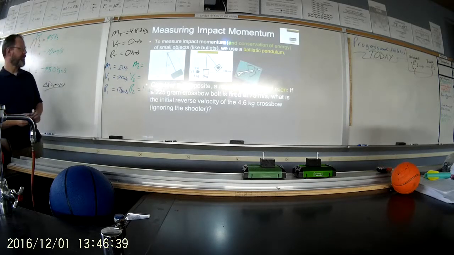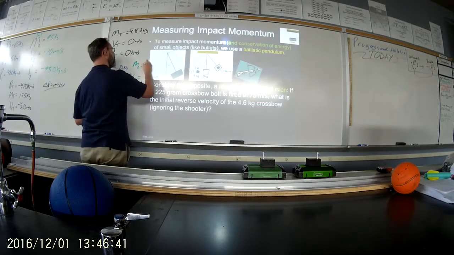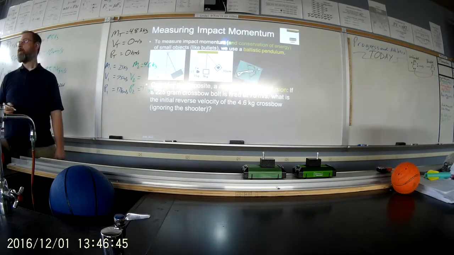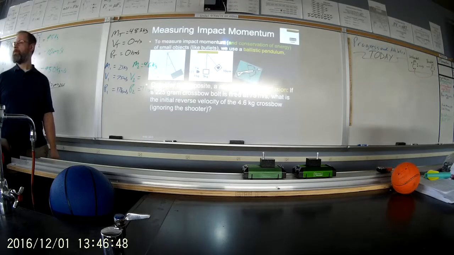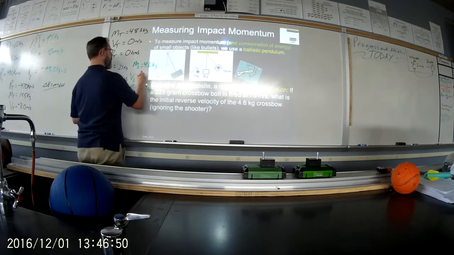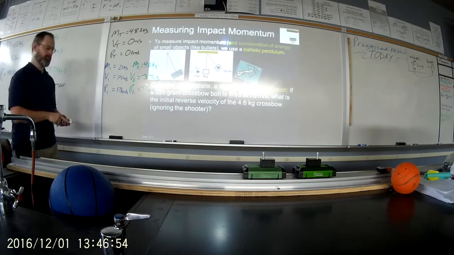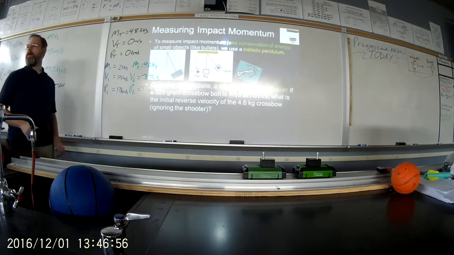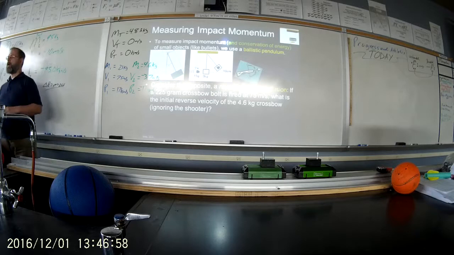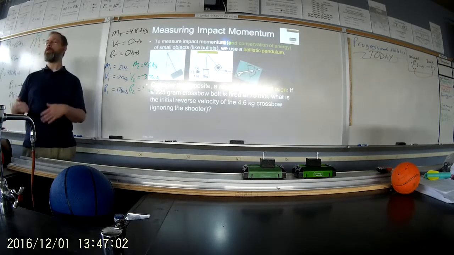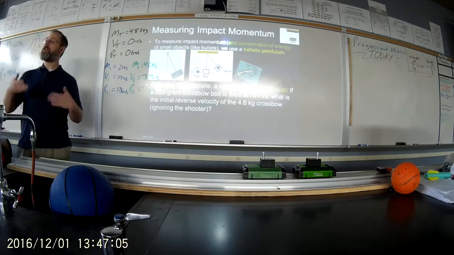And we know the mass of the crossbow to be 4.6 kilograms, and that gives us the velocity of the crossbow, which should be about what? Yeah, about negative 3.7 meters per second. In other words, the crossbow gave momentum to the bolt. Whatever momentum the bolt gained, the crossbow had to gain as well.